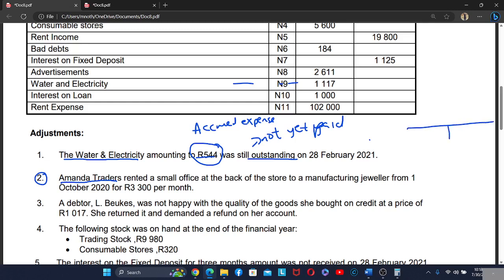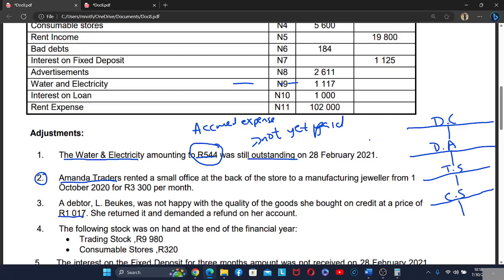The first one is the debtors control. Then another one is the debtors allowances. Then another one is trading stock. Another one is the cost of sales. These accounts are affected. So we are given the selling price. The selling price is 1,017.